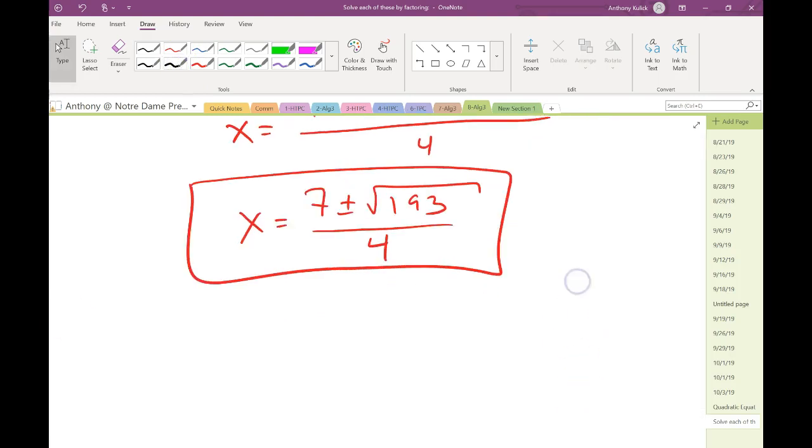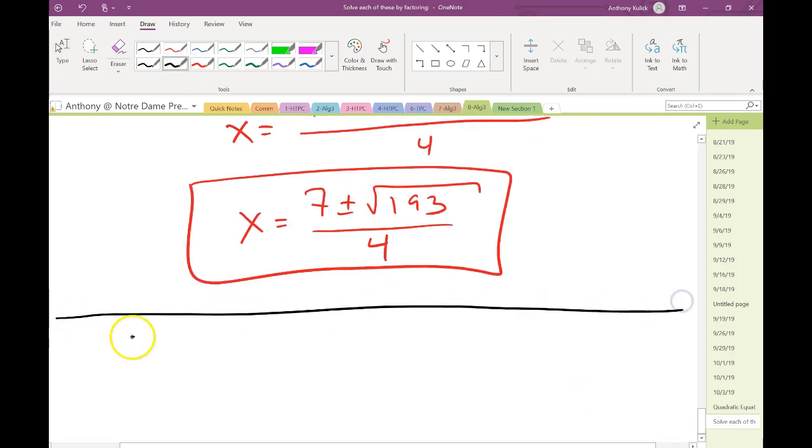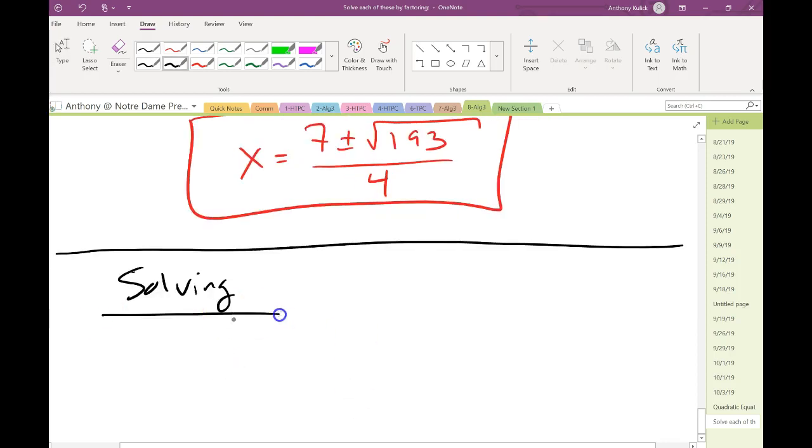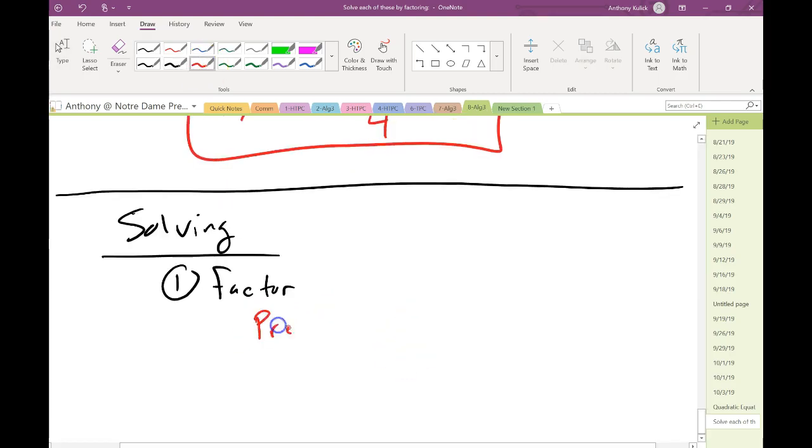So, to kind of wrap things up, when we talk about solving, we now have 3 techniques. We can factor. The pro for factoring is it's pretty fast when you're good at it. The con is it doesn't work in every case.